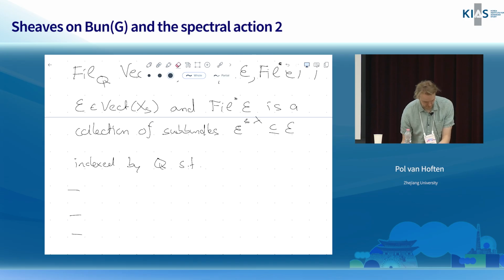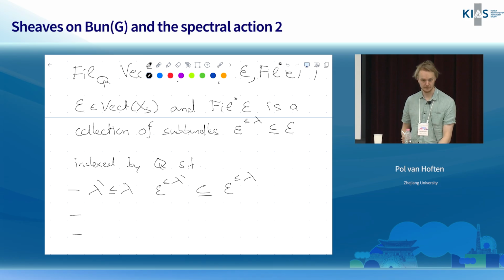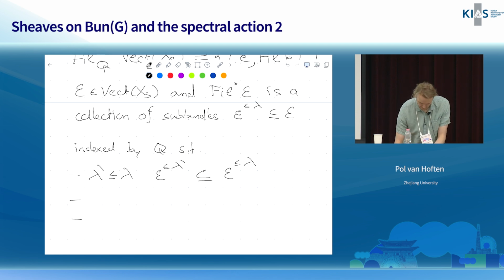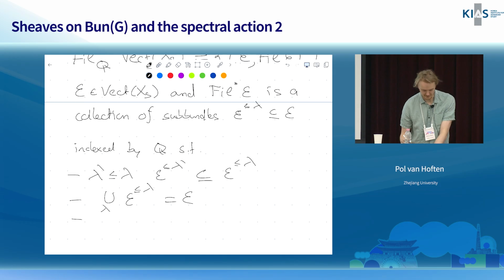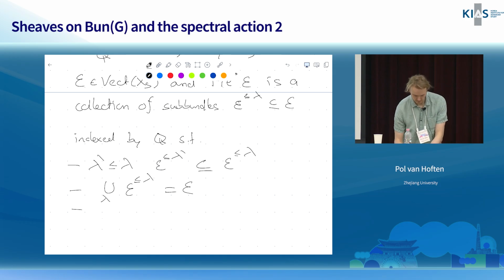Okay, so there are the usual things. If λ' is less than λ, then E^{≤λ'} is inside E^{≤λ}. So the filtration is increasing, and the union of all the E^{≤λ} is E, which means the filtration is exhaustive, and the intersection over all λ of E^{≤λ} is 0.